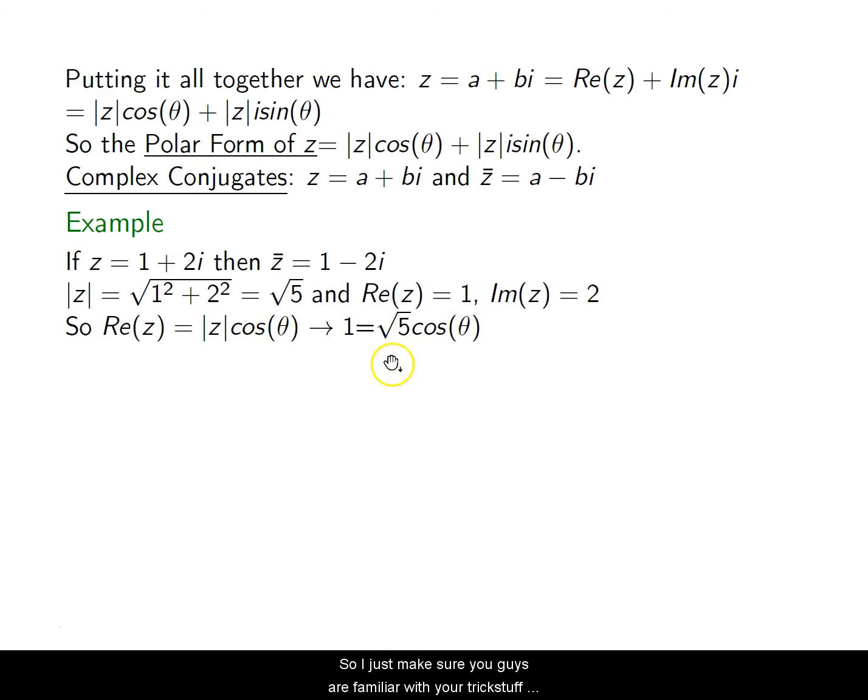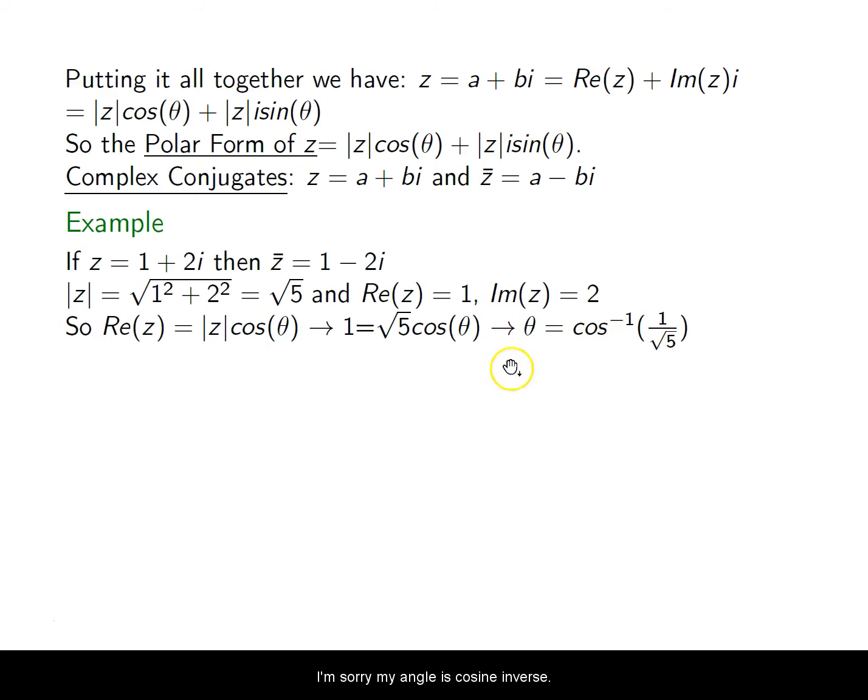So just make sure you guys are familiar with your trig stuff. There's not going to be a lot of trig, but enough to review this complex information. So my angle is cosine inverse of 1 divided by root 5, since that is cosine theta, which is approximately 1.1071 radians.